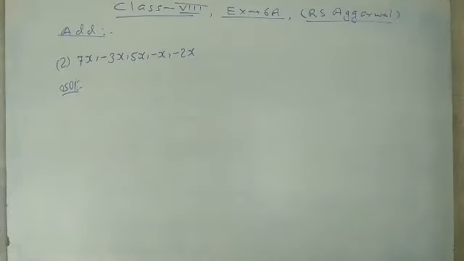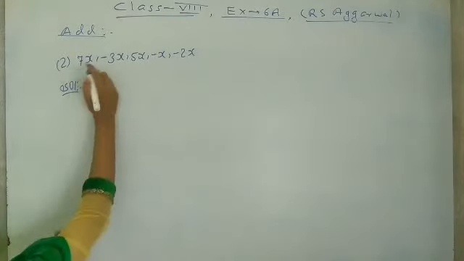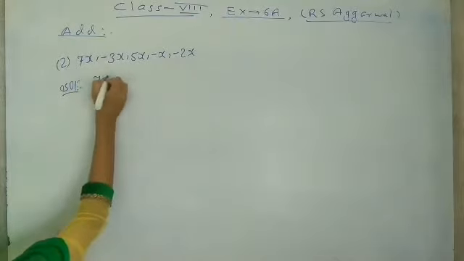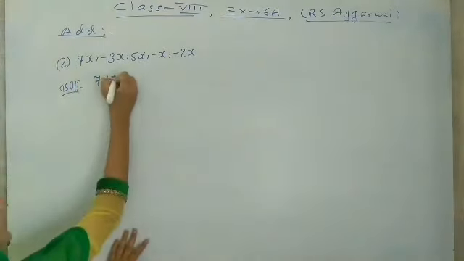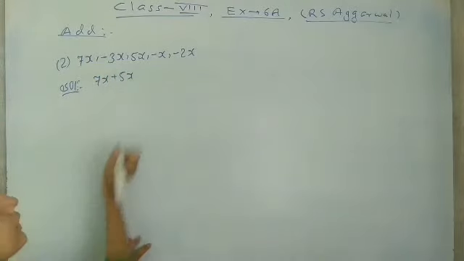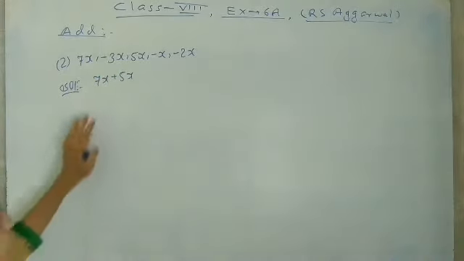Now question number 2, that is 7x, minus 3x, 5x, minus x, minus 2x. So firstly, those that are in plus we will write, so it is plus 7x, and here comma 5x means plus 5x, and there is no other plus, so we will write in the group of minus.